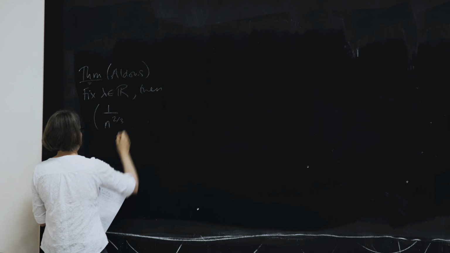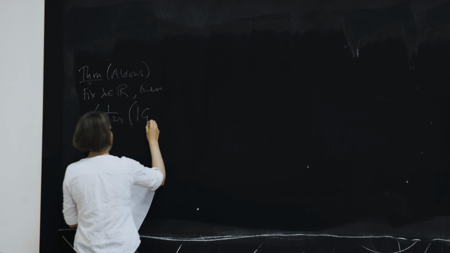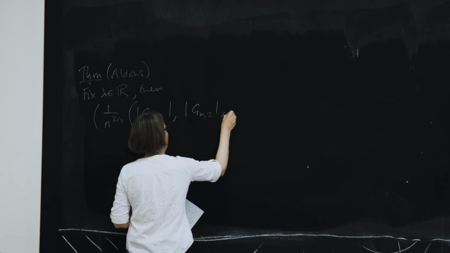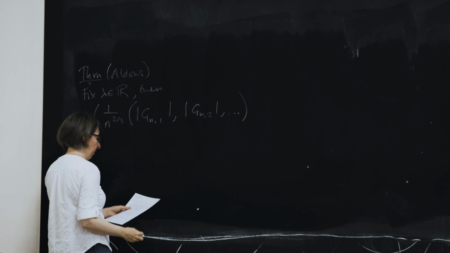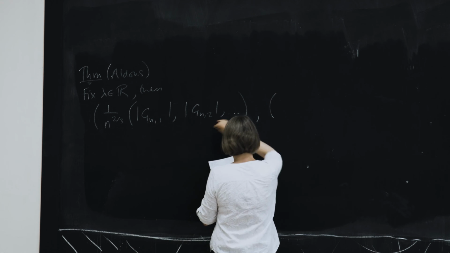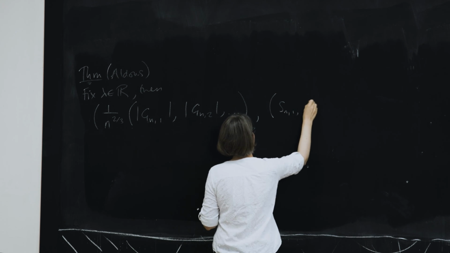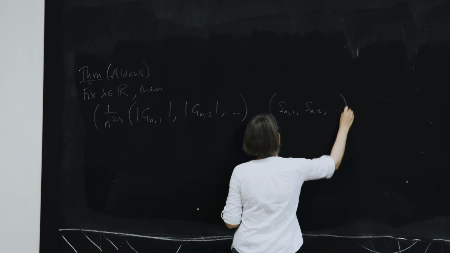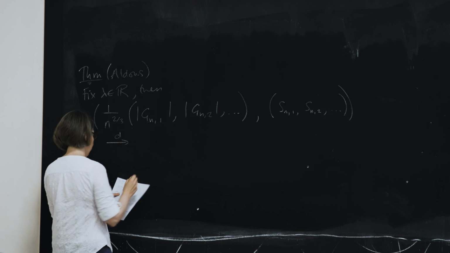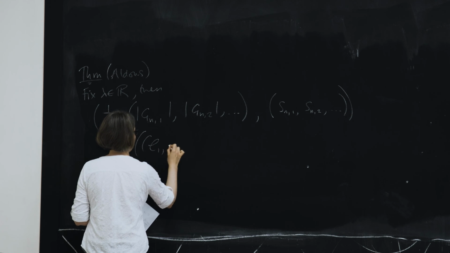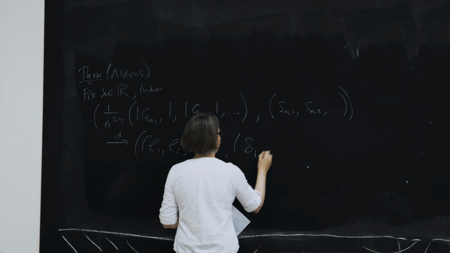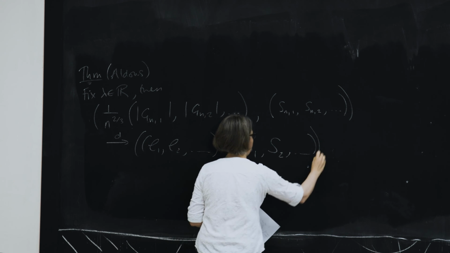So if I rescale these component sizes by n to the 2/3, so I've got a whole sequence of components listed in decreasing order, and then as the second component of this object, I think about the list of surplus numbers. That pair of sequences converges in distribution to some limit, which I'm going to write C1, C2, and so on, and S1, S2, and so on.